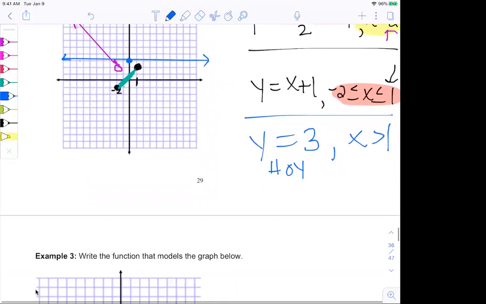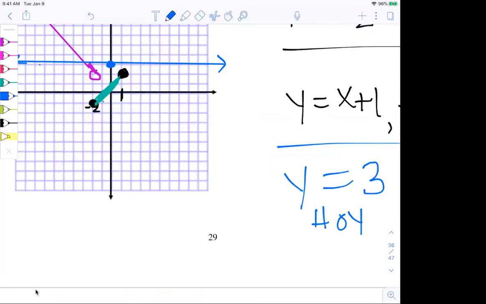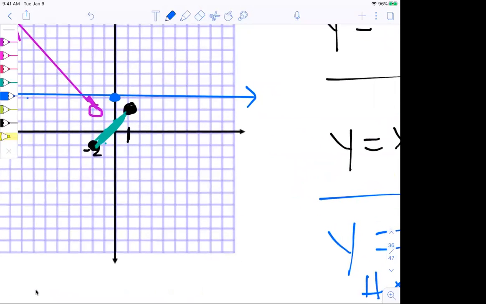So that's the line. Now I'm using the piece of the line where x is greater than 1. So I already have my little tick mark where x is 1. I'm going to go on that line where x is greater than 1. So here's where it is 1. Greater than means it should be an open circle. And then greater than means I want all the numbers that are bigger than 1. Well, when we're talking about x, the numbers bigger than it are the ones that are to the right.